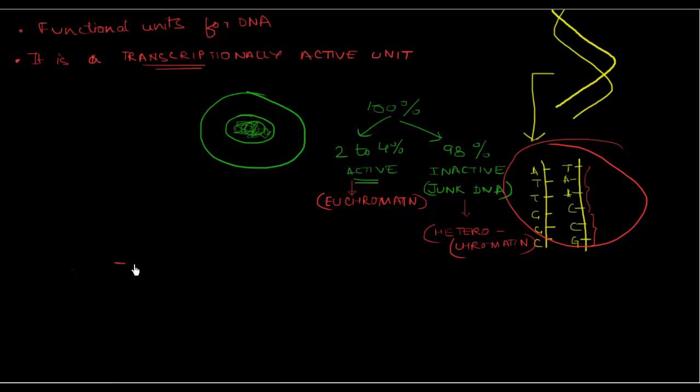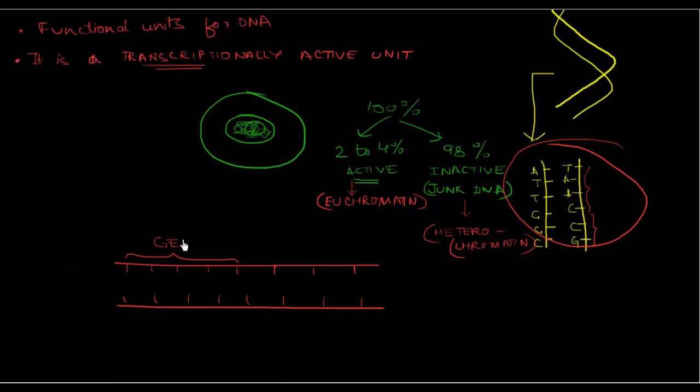Let me draw that again, maybe a big one this time. This is the DNA, and of course we have our arrangement of the nitrogenous bases, which could be anything, and we have complementary bases on the other strand as well. The part of the DNA which is active is a gene.